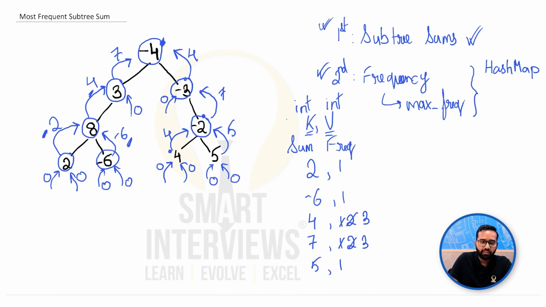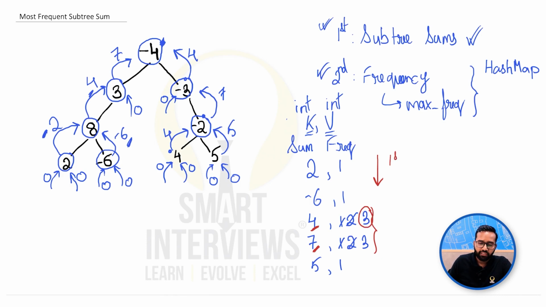Now the next step is how do we figure out that the subtree sum of 4 and 7 is repeated for the most number of times, and we should return that as the output? We can simply iterate on the frequencies and find that 3 is the highest frequency.